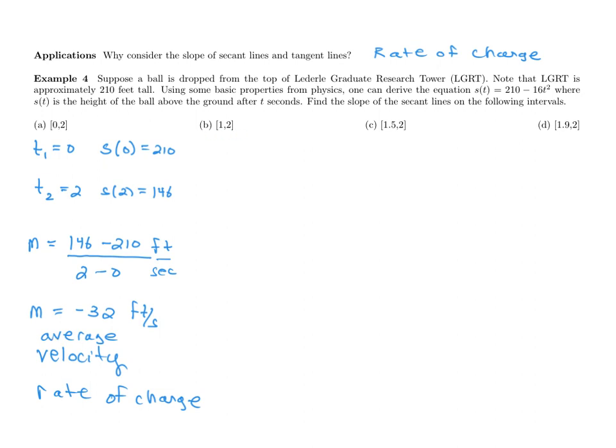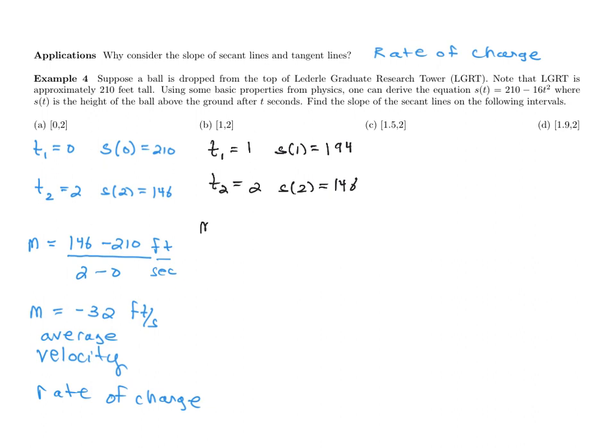Let's do this for part B. Not from 0 to 2, but from 1 to 2. Here we're saying t1 is equal to 1 and t2 is equal to 2. If t1 equals 1, s of 1 is equal to, again, I can get this directly from my table, that's 194, and at 2, it's still 146.